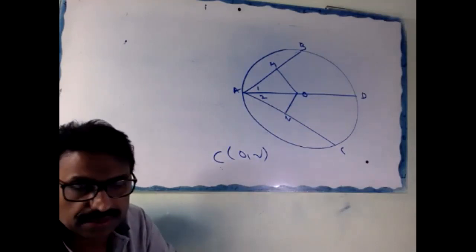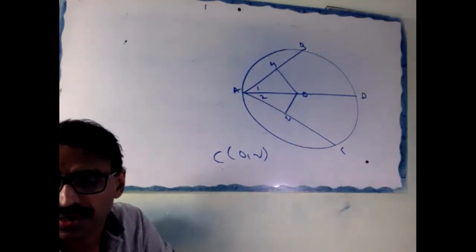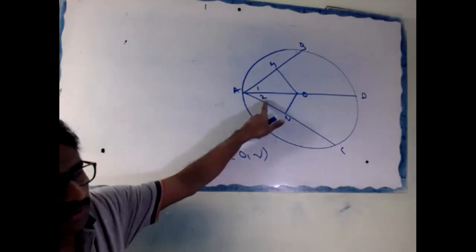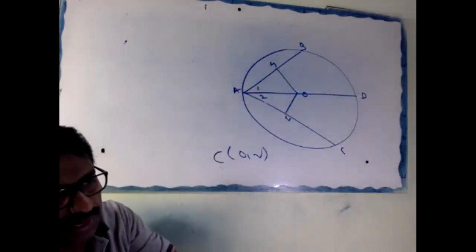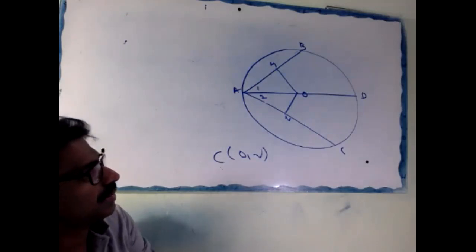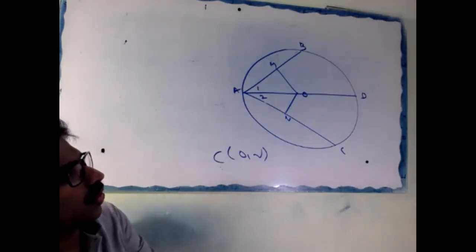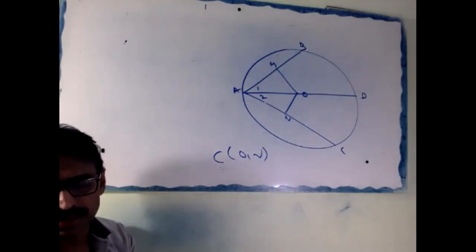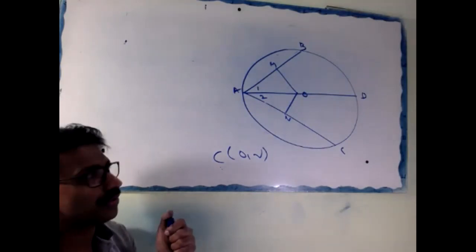Side, angle, side. This is a triangle not studied. That's why. Look, angle 1 equal to angle 2, given. M equal to N, 90 degrees. Two angles and one side: AAS. Hence, OM equal to ON, CPCT. Therefore, AB equal to AC.